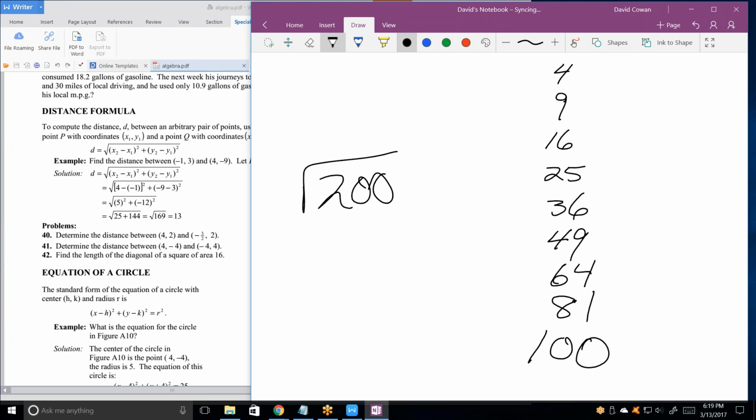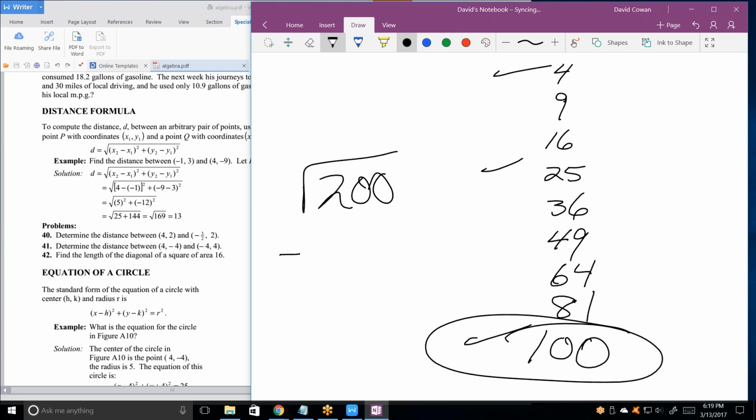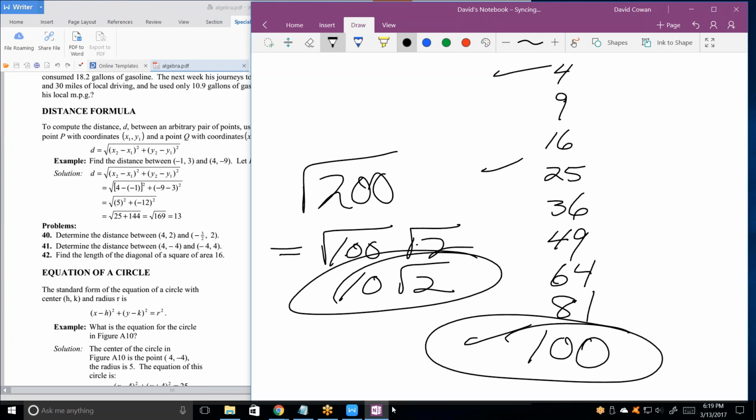So when you're looking to simplify a radical, always look to the maximum one of these that is a factor of the number that's inside your radical. There's a factor, but there's also another factor. And if you use the biggest one, you'll be better off. In other words, I get to do this in one step only. Square root of 100 times square root of 2, which is 10 root 2. As opposed to if I'd have used 4, I'd still be working on it. I'd still get the answer, but it would take multiple steps.